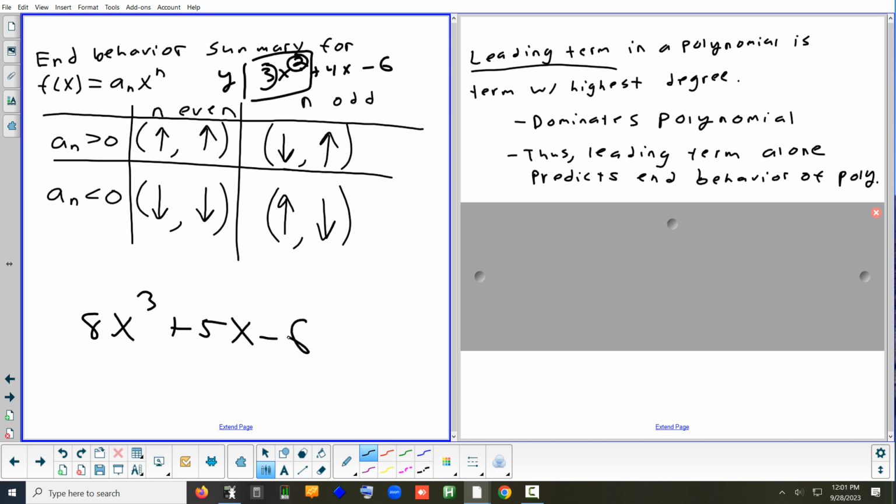And for that term, is the first number positive or negative? And is the exponent even or odd? So positive, odd. If I graph this, it's going to look something like this. I don't know exactly how it's going to turn in the middle, but I know it's going to be down on the left and up on the right because of the 8 and 3.